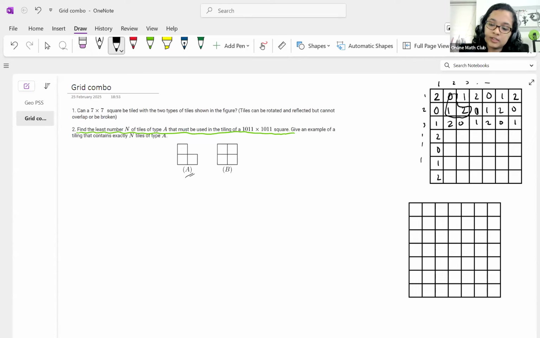But what we're trying to do is minimize the tiles of type A, so we want some sort of constraint on that. So maybe it would make sense to make everything equal for type B in the same way so that you get some sort of constraint on type A. So maybe try something similar but for the second type of tile.